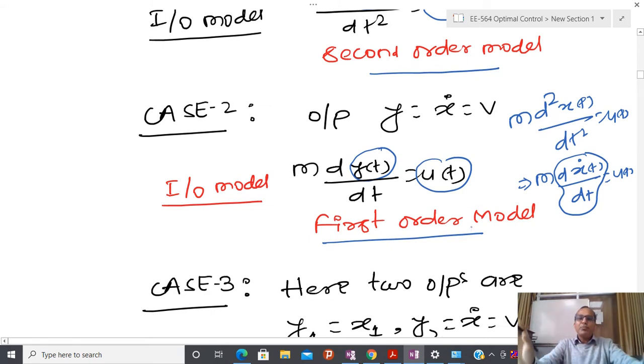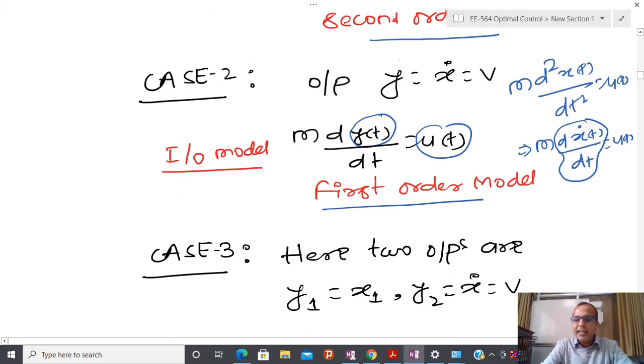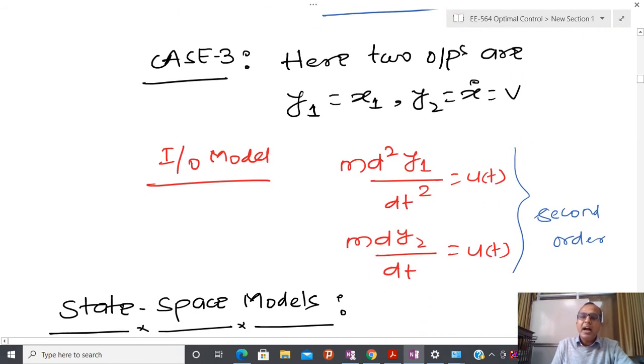So my original model is not going to change, but if you select a different output, then based on the selection of output, your order of system or order of model will also change. That is the message I am going to give you. After that, let us come to the third case, where I am assuming that I have the output as the position as well as the velocity.